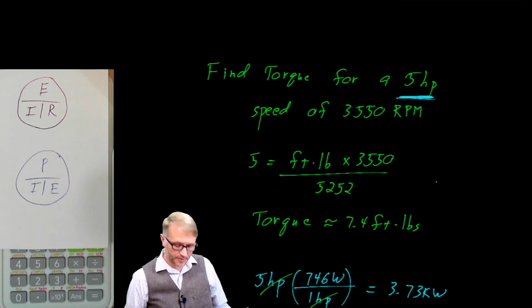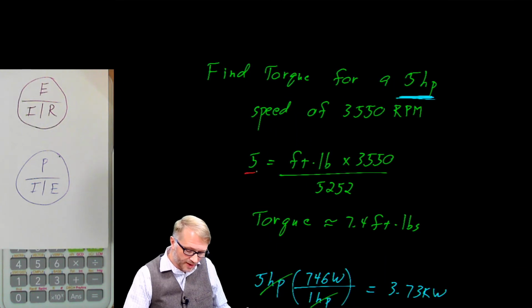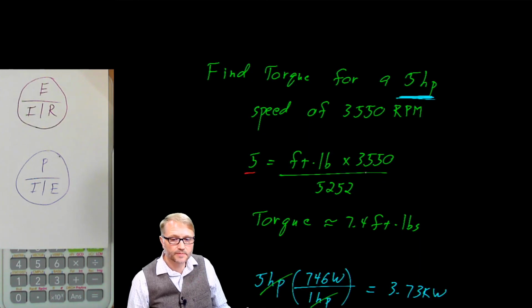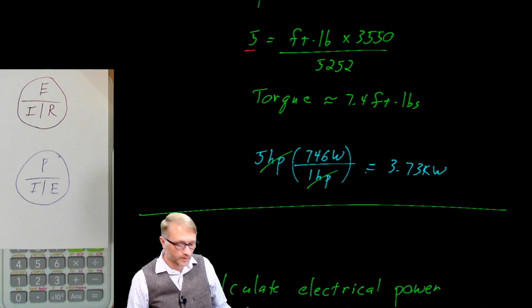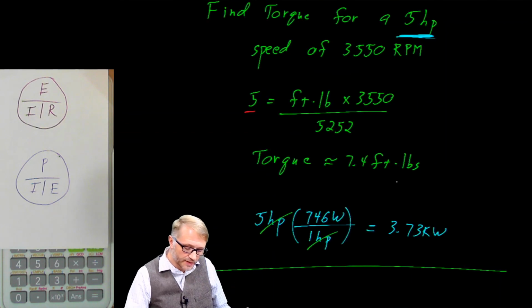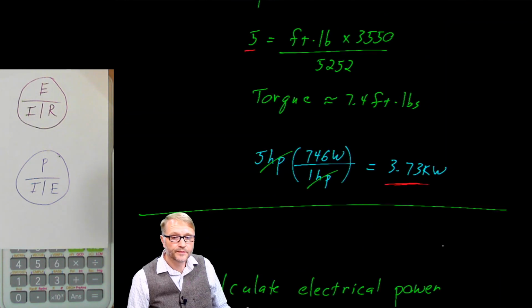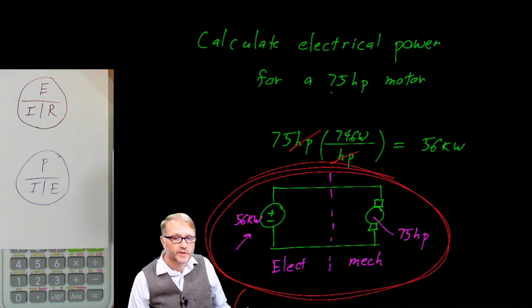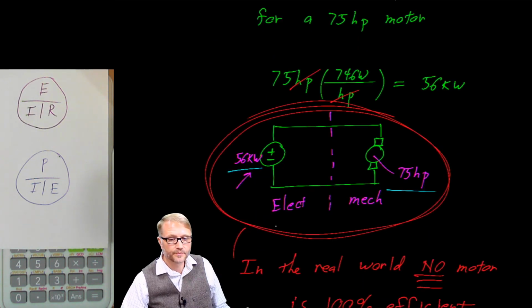This was an example. We were given a 5 horsepower motor. We were given the speed, and we were asked to solve for the torque. We were also asked to figure out, given this mechanical power, what is the equivalent of electrical power? For this ideal motor, we determined that 75 horsepower mechanical was equal to 56 kW electrical.